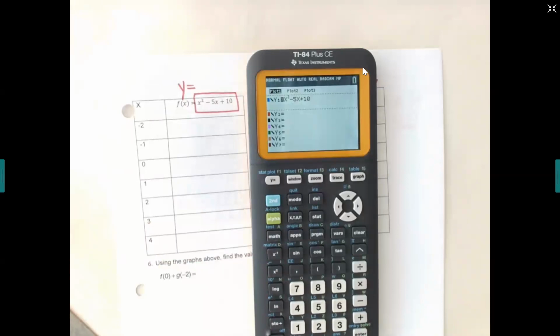Okay, so let's turn this on. Go into Y equals. And then you already have it with the second graph. Yep. Okay, then open up your chart. And you're only going to copy down the numbers that you actually need.